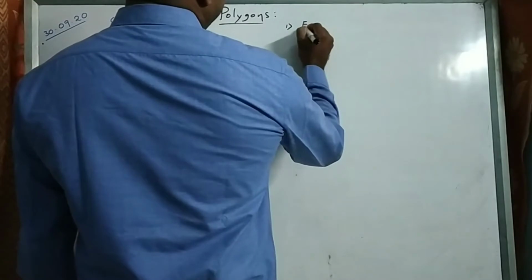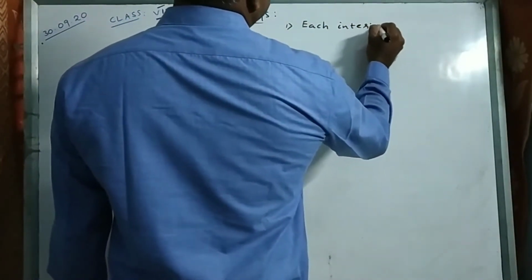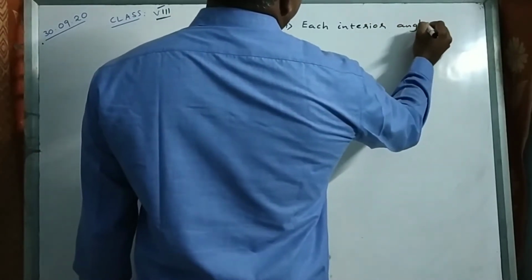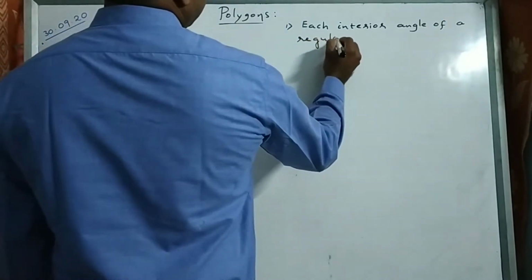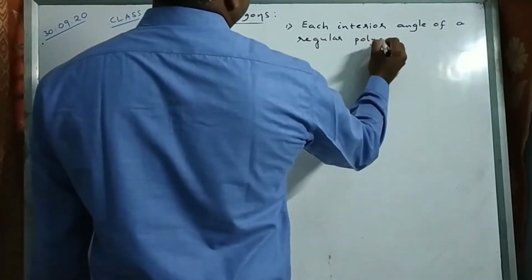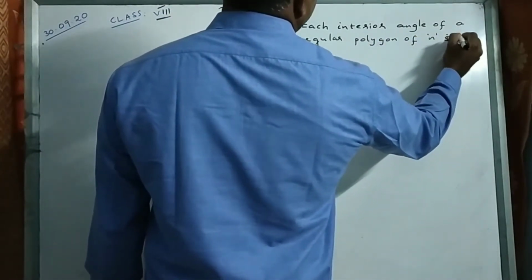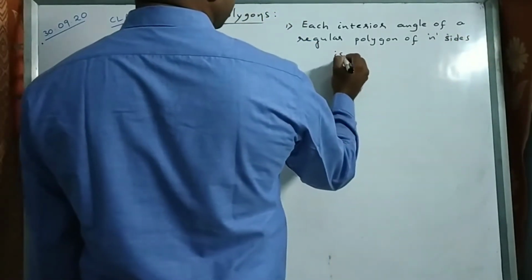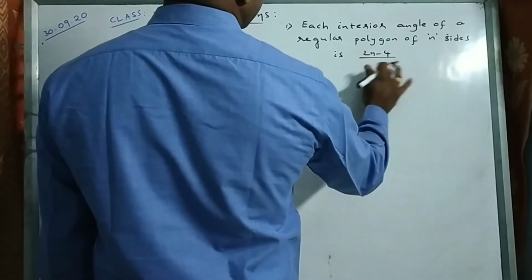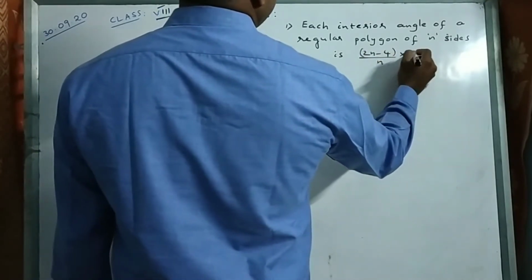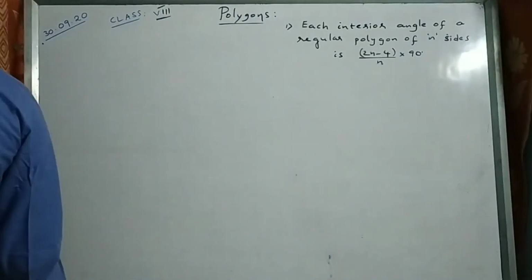So each interior angle of a regular polygon of n sides is (2n minus 4) by n into 90 degrees. This is the formula we use for doing problems.